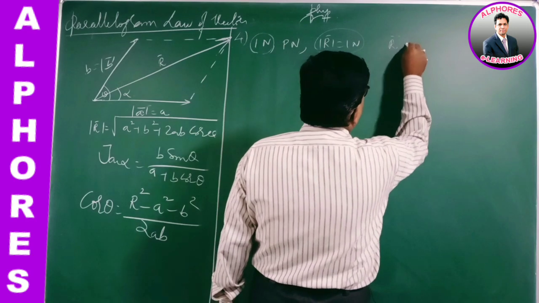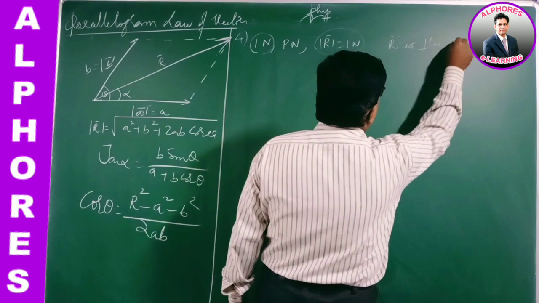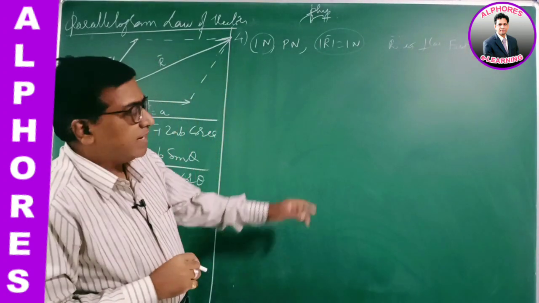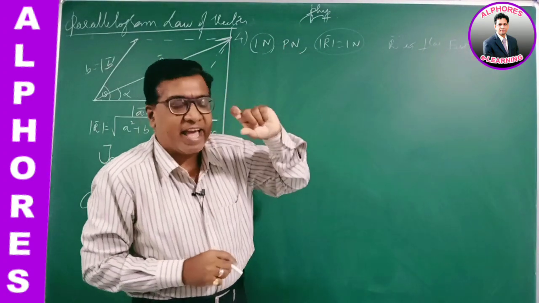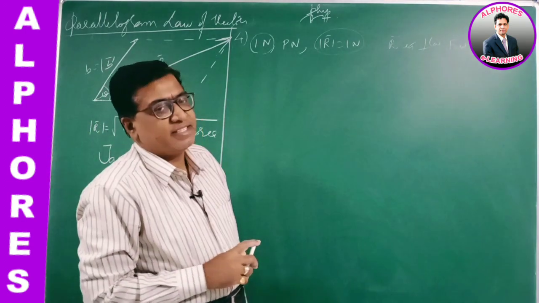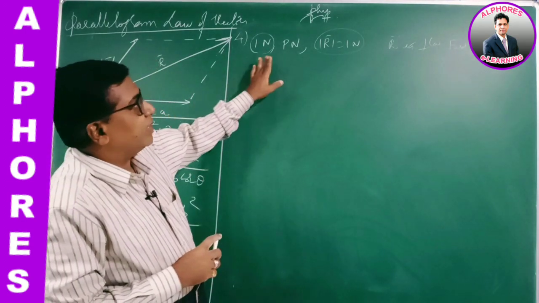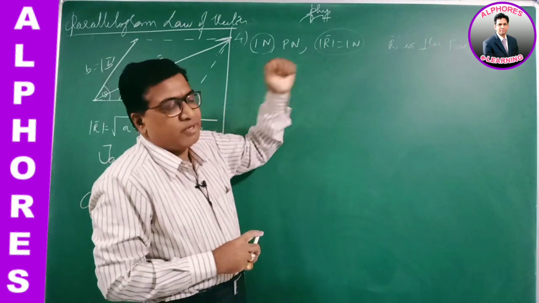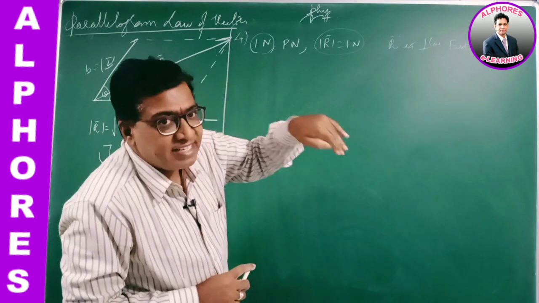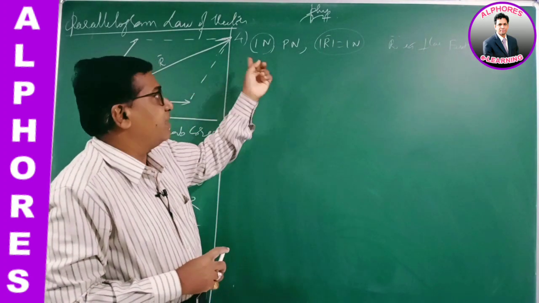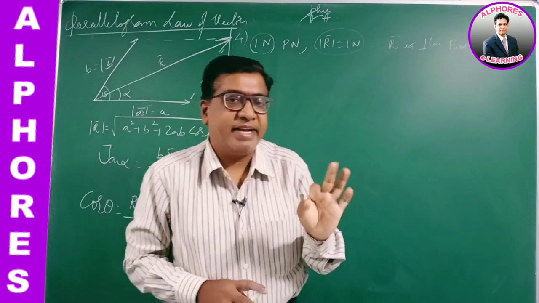Then find the magnitude of P and the angle between the vectors. It was a very good question asked in a previous entrance examination. Then find P and theta.